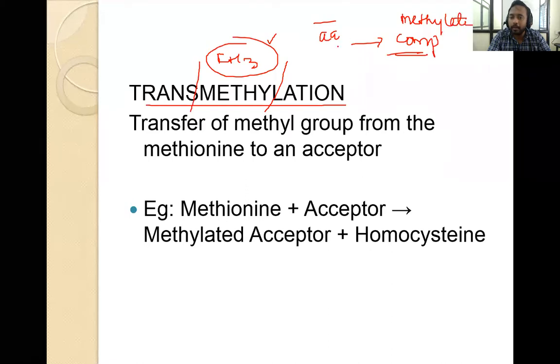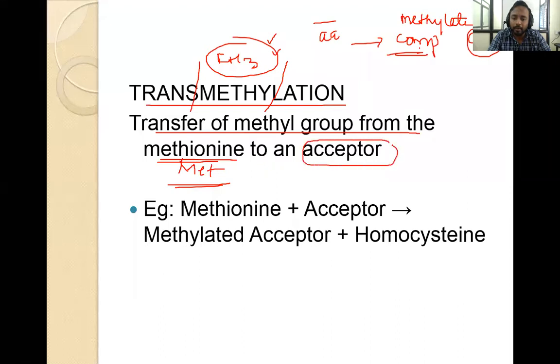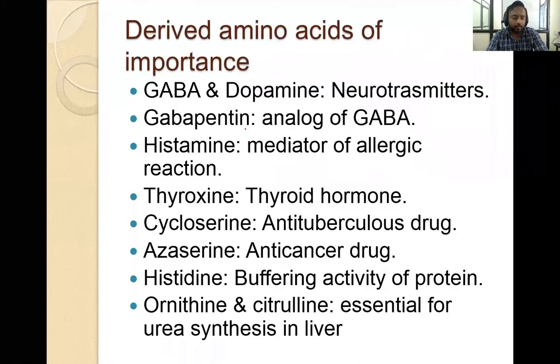When you add the methyl group CH3 to a compound, it becomes a methylated compound. Normally the CH3 group is transferred from methionine only. Most of the transmethylation is from methionine, and any other compound can be the acceptor. That is called the transmethylation reaction.